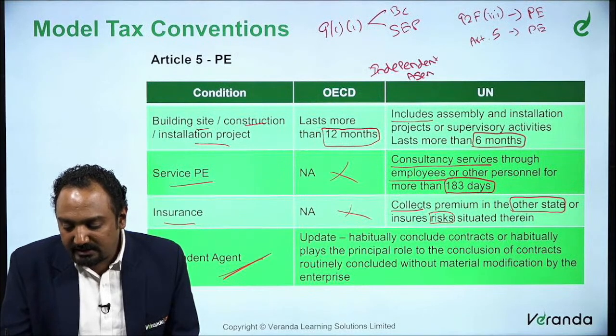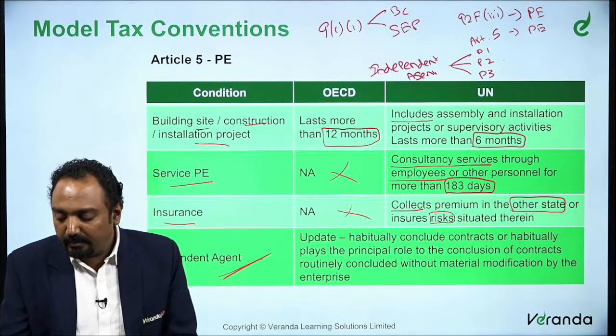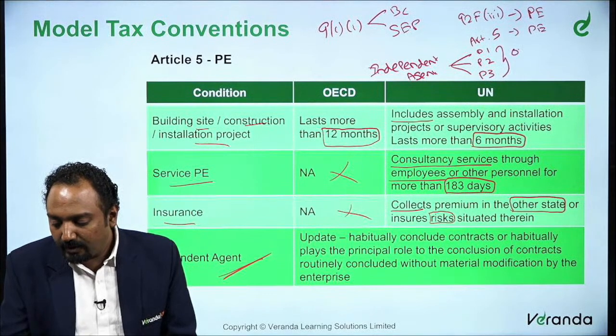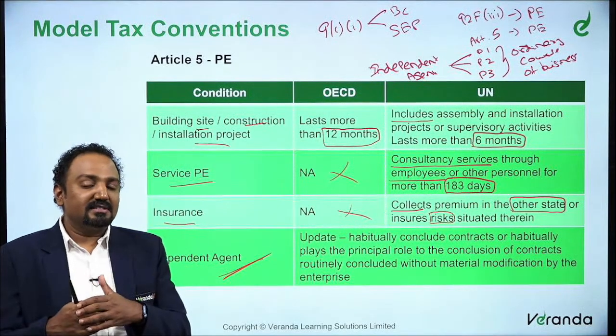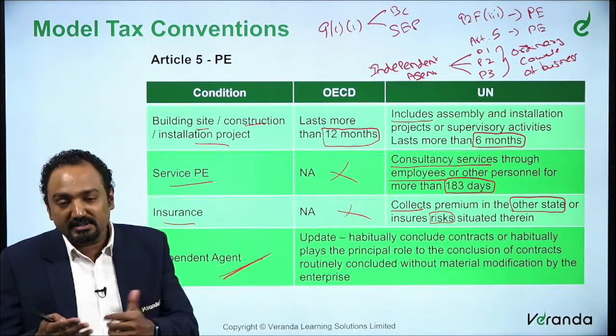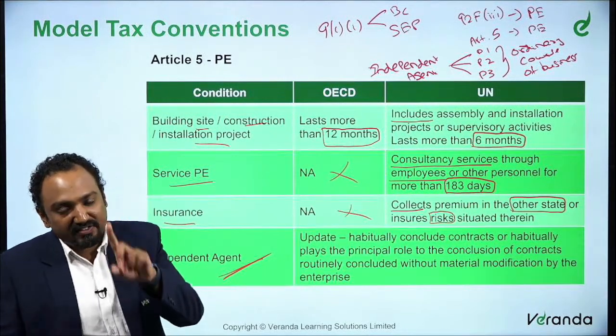When is he an independent agent? He is an agent for principal 1, principal 2, principal 3, because this activity is in the ordinary course of business. If he is handling multiple agencies and in the ordinary course of business he is an agent, that is not a business connection. This is the definition provided.